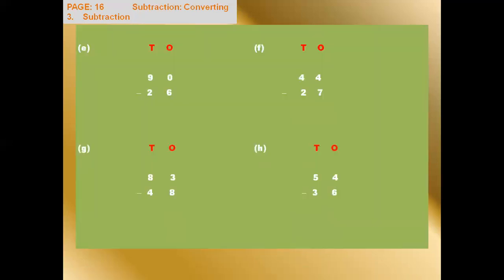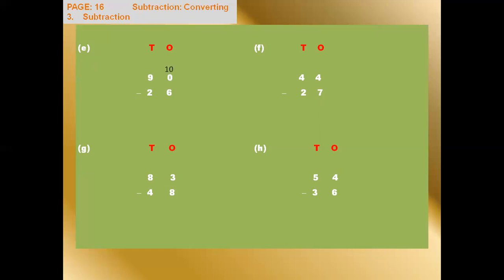E part. 90 minus 26. First look at the ones: 0 minus 6. Is it possible? No, because 0 is smaller than 6. So again we will borrow 1 from the tens. So it becomes 10.